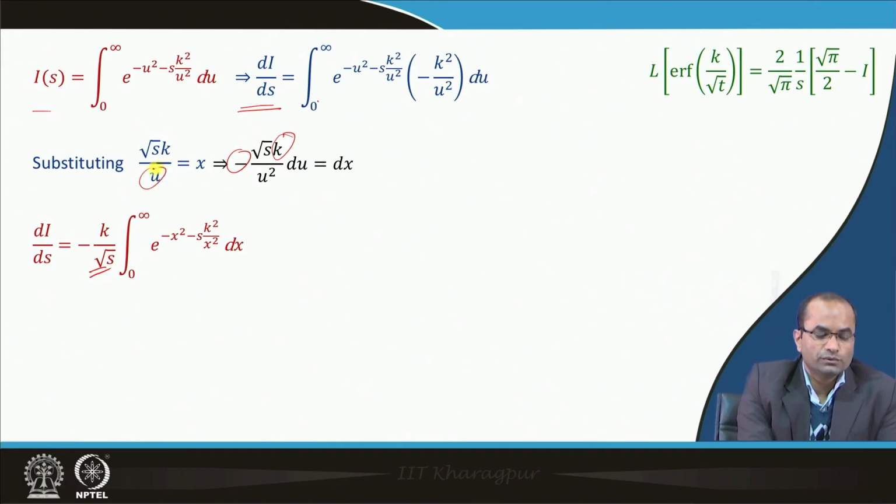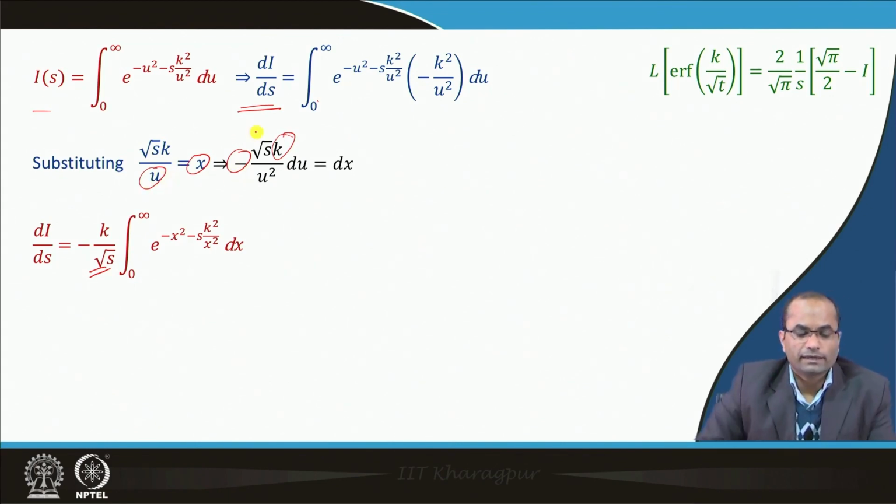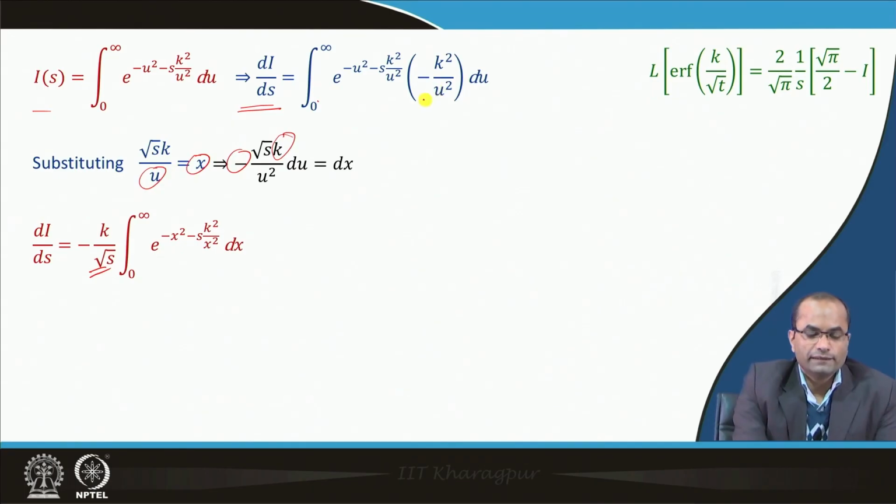Otherwise, because of this u and x, this position we will get infinity to 0, but this minus sign will take care for again getting back to 0 to infinity, and this minus is still there. So, we have k over square root s e power minus this u square term, when we substitute this u there. So, u square will become s k square over x square.